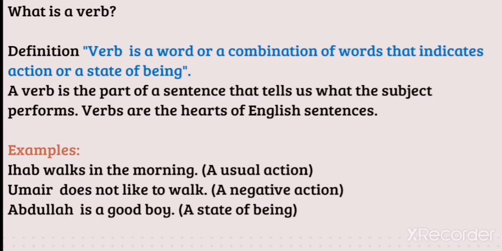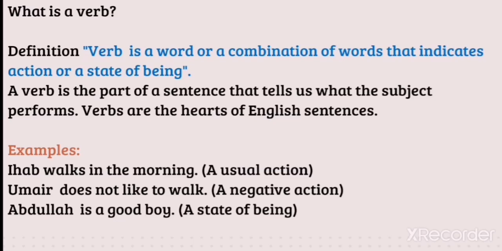Dear student, what is the verb? A verb is a word or combination of words that indicate action or state of being. Verb क्या चीज़ है? Verb is a part of speech. ये part of speech है.